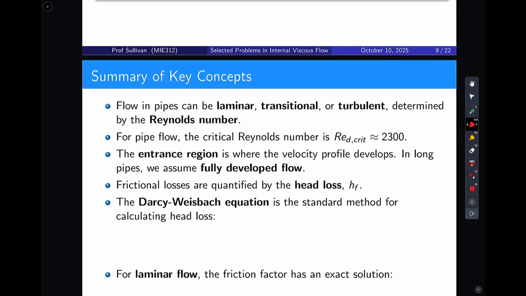So for flow in pipes, we have a set of equations already in place that allow us to solve through for everything, and I just want to write them out correctly. So we have HF, which is FL over D, V squared over 2G.